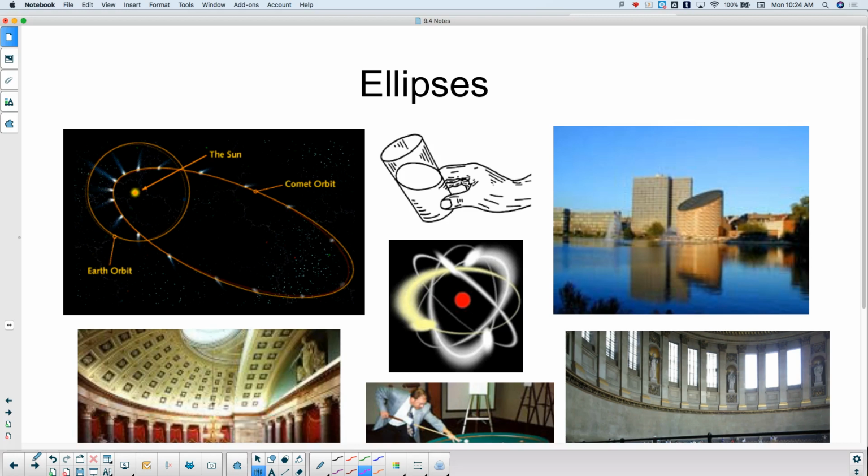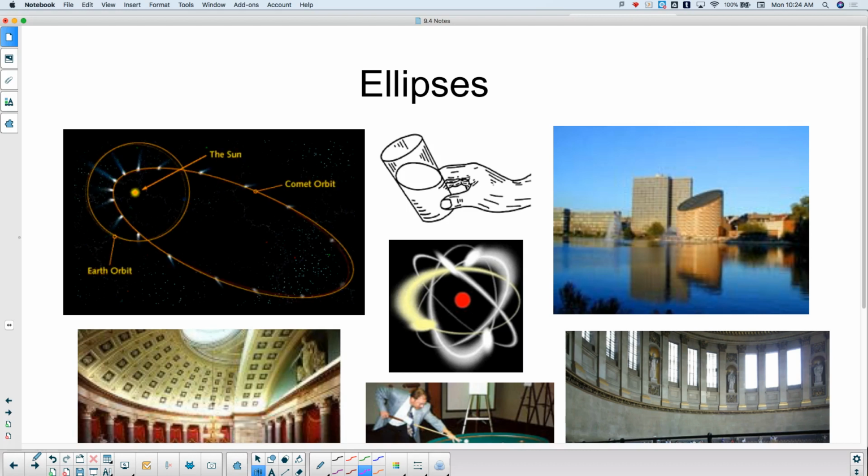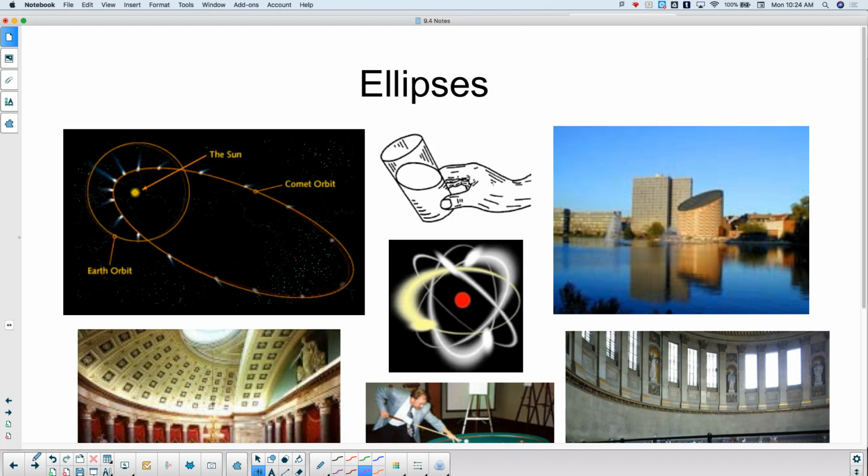Some buildings have elliptical roofs or elliptical shapes. Smack dab in the middle, protons and neutrons, and the electrons go around it. So the electrons go around the protons and neutrons in an elliptical orbit.